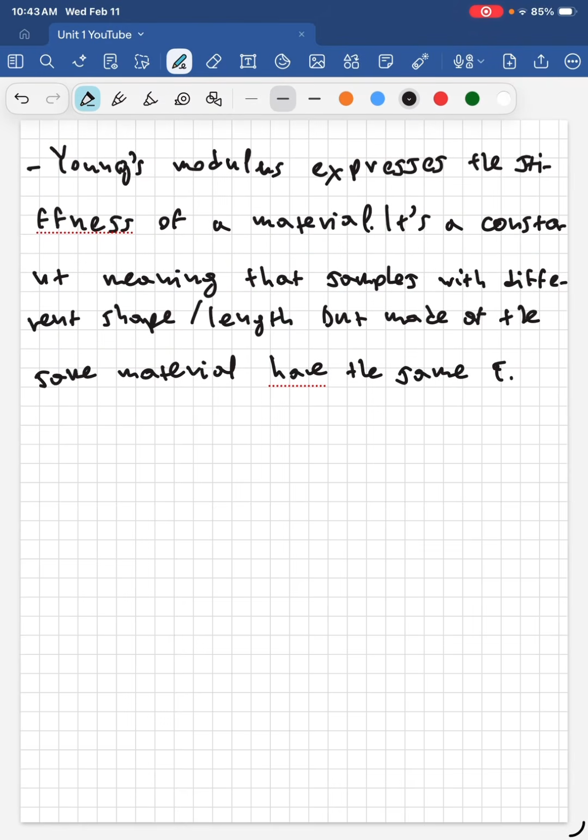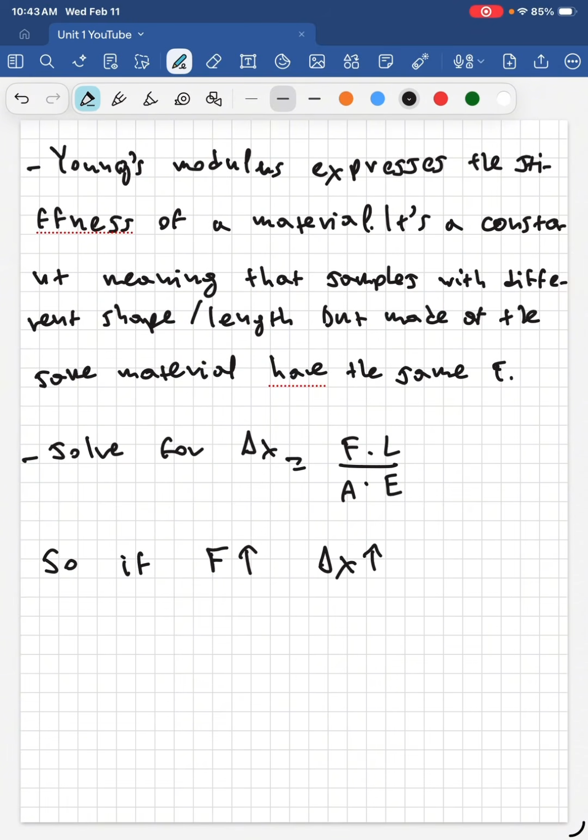Now if we solve for delta x, we see that this is equal to F times the length over area times the Young's modulus. If the force increases, then delta x increases, which makes sense. If the area increases, delta x decreases. This is something you don't expect, but it makes sense, right?